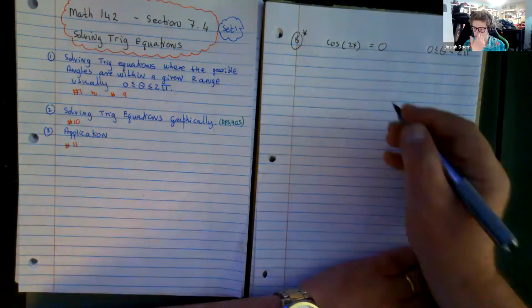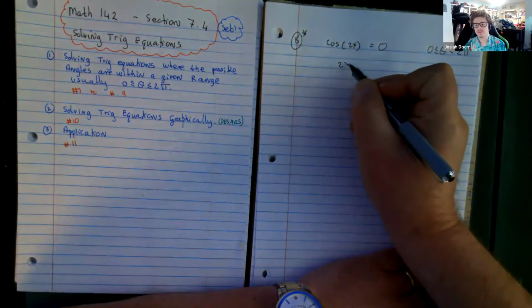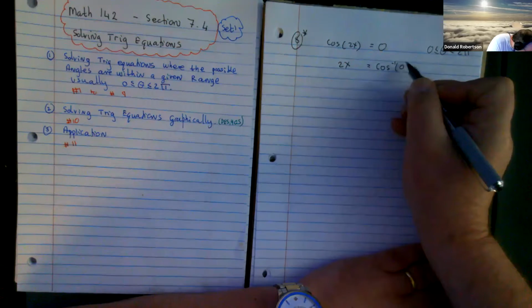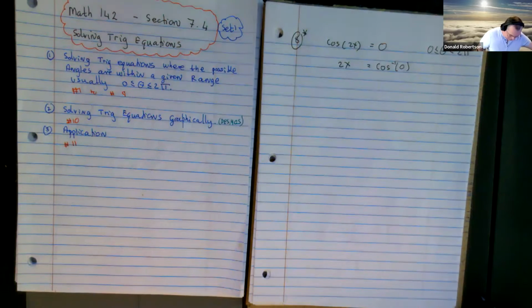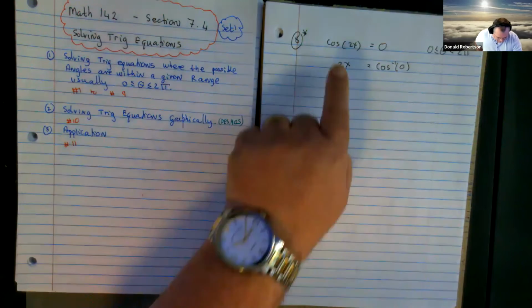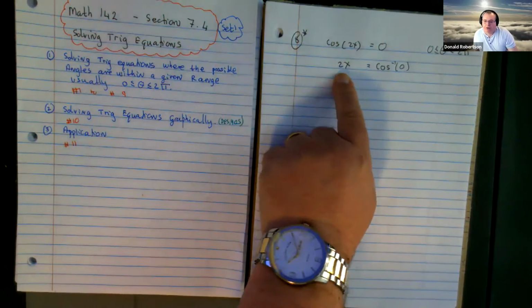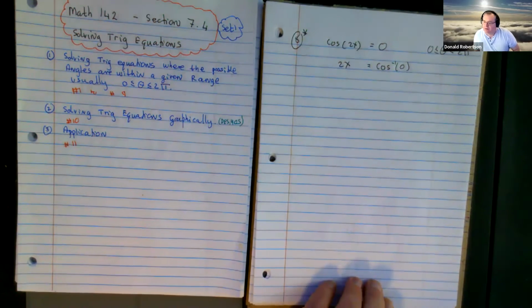So it's going to start off really quite simply. Right? If I take the inverse cosine of both sides, won't I get 2x equals this guy? Great.